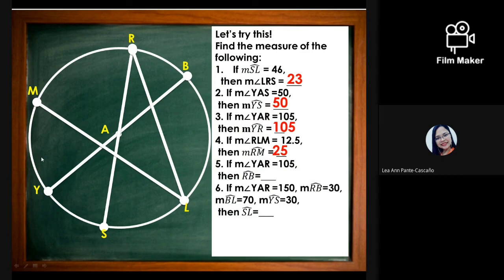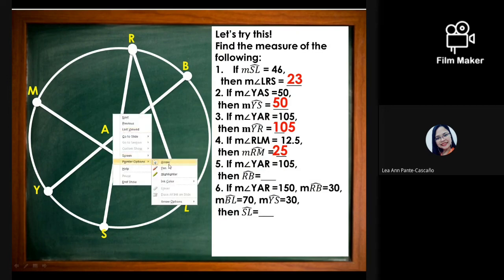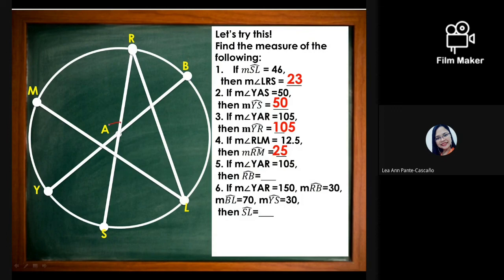Ang sukat ng isang buong circle ay 360 at kung hinati ito ng diameter, ang isang kalahati ay 180, ang isang kalahati ay 180. So kung ang YAR ay 105, ang kanyang arc din is also 105.